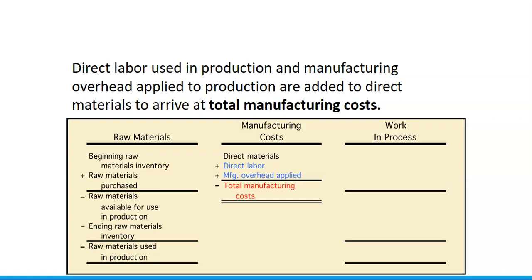We add those costs together, and that is our total manufacturing costs for the period. We then divide out those manufacturing costs between work in process inventory, cost of goods sold, and finished goods inventory.